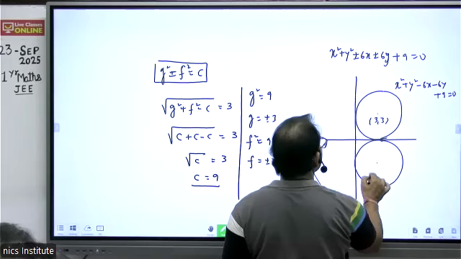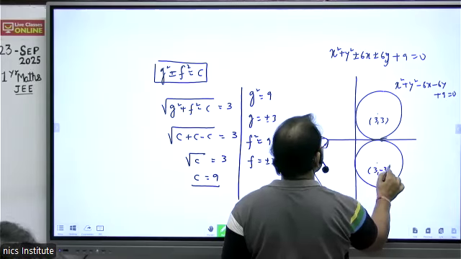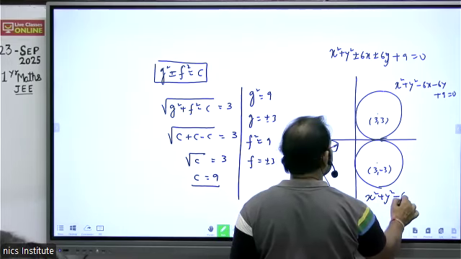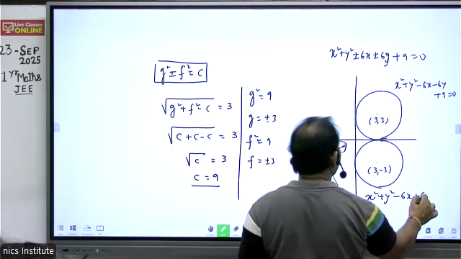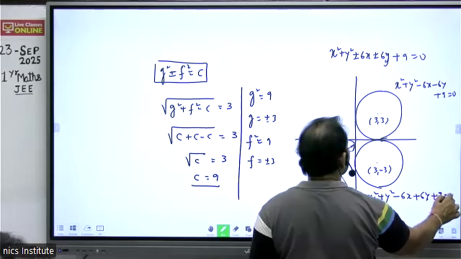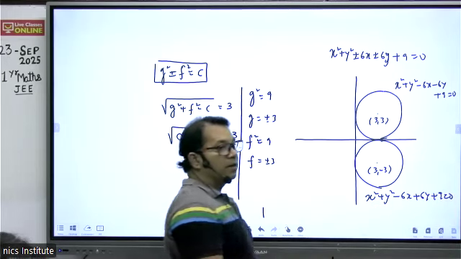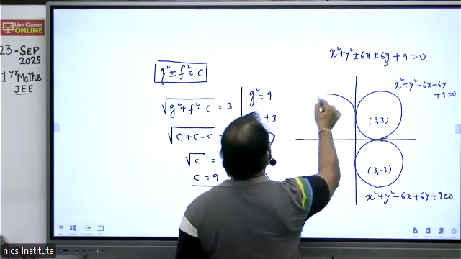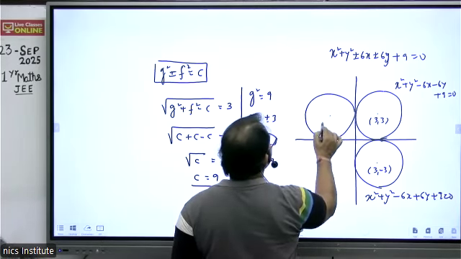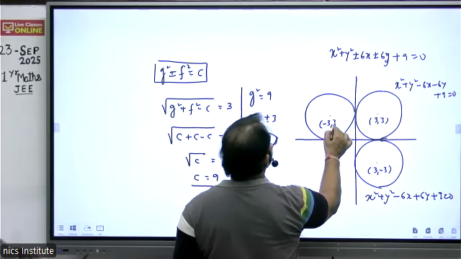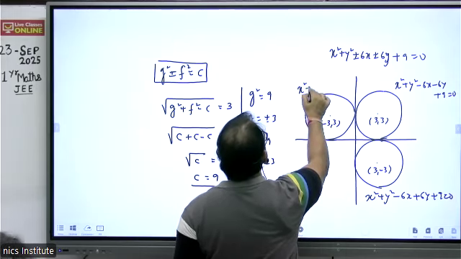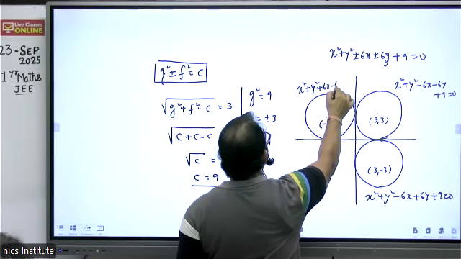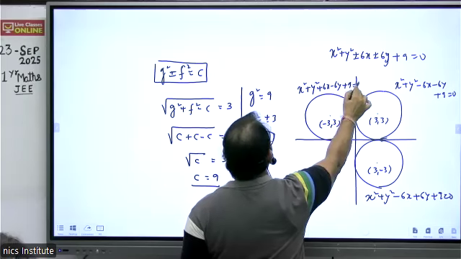Center is 3, -3. x² + y² - 6x + 6y. You see the center is -g, -f. उल्टा होगा. This would be -3, 3. x² + y² + 6x - 6y + 9 = 0.